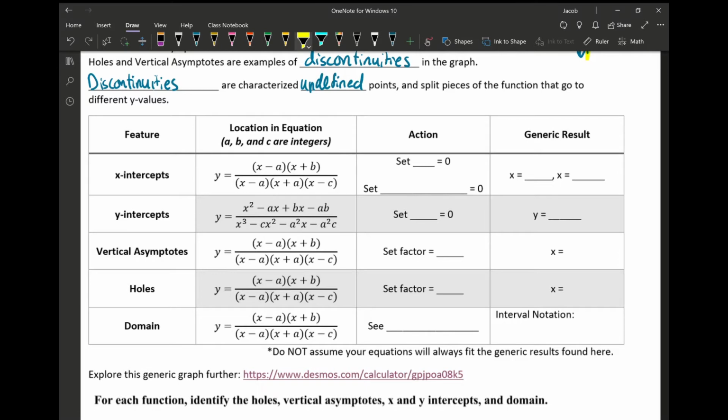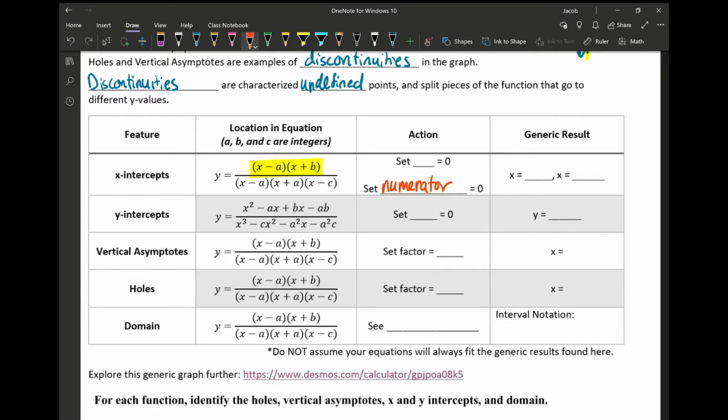So first off, we're looking at x-intercepts, and you should have something to either highlight or underline or box with, maybe a different color, something that sticks out for these notes. And the x-intercepts come from the numerator. So we're going to set our numerator equal to 0.